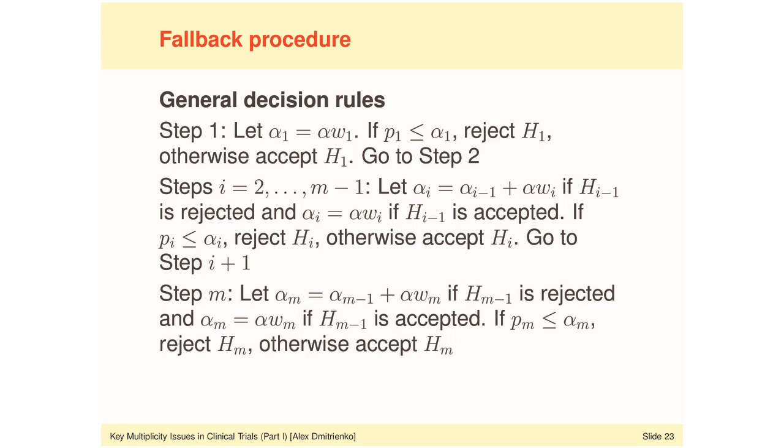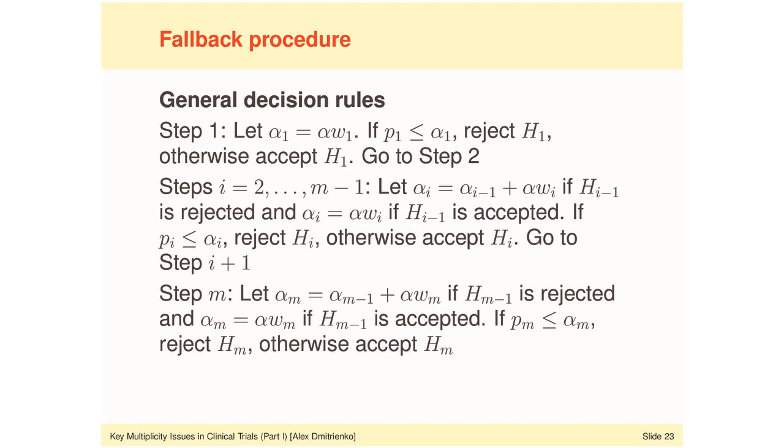This slide defines the decision rules used in the fallback procedure. In the general case of m null hypotheses, we have defined similar testing algorithms for all of the procedures that we discussed in module C, and then earlier in module D we used a similar format to define the decision rules used in the fixed sequence procedure.